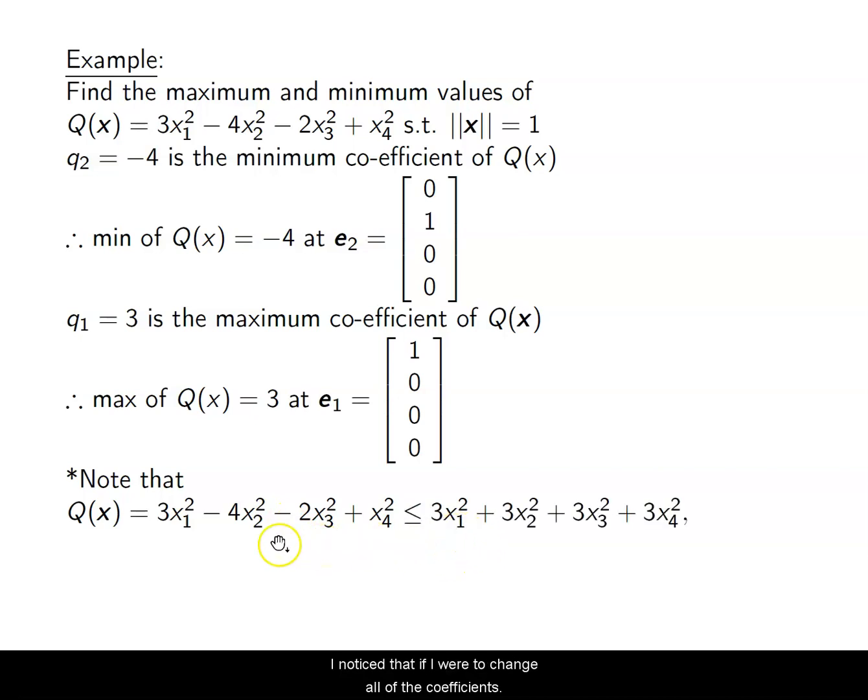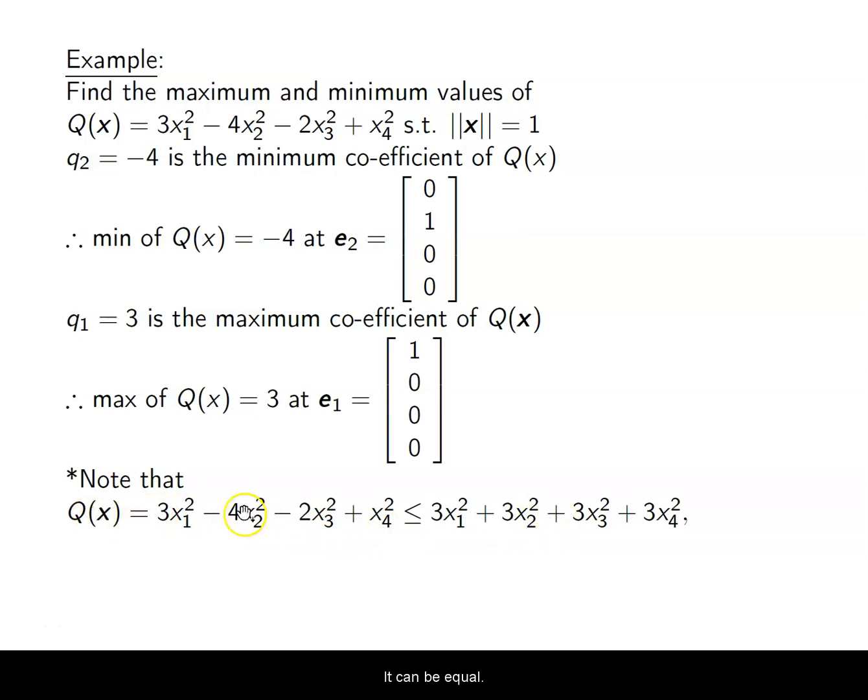Notice that if I were to change all of the coefficients to the max coefficient, this function is bounded by that function, right? It has the exact same form, but with 3's everywhere. There's no way for this function to be more than that function if all the coefficients multiplied times the input values are larger there, right?